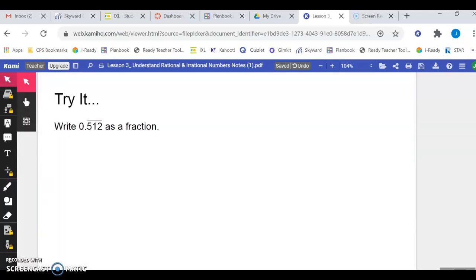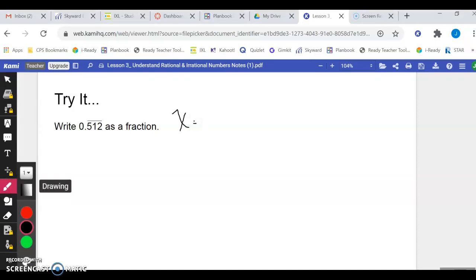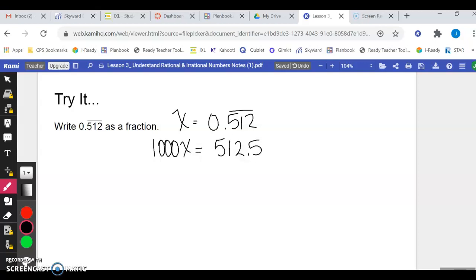For the last example here, I want you to try 512 thousandths repeating. We would start off by writing x equals 0.512 repeating. Then we're going to times both sides by 1,000 this time because tenths, hundredths, thousandths. That 2 is in the thousandths place. So we're going to have 1,000x equals 512.512 repeating.